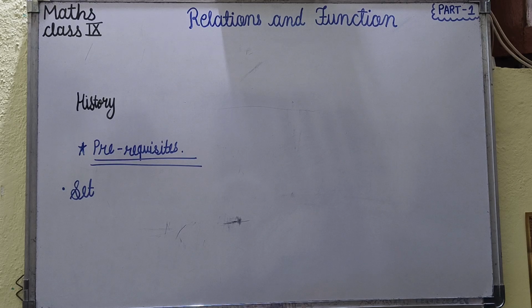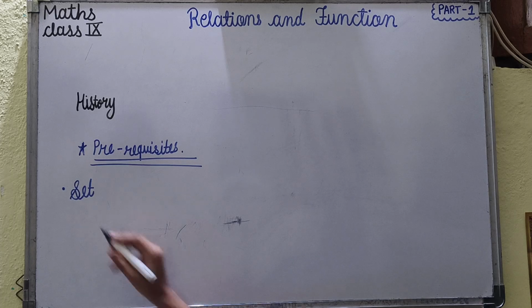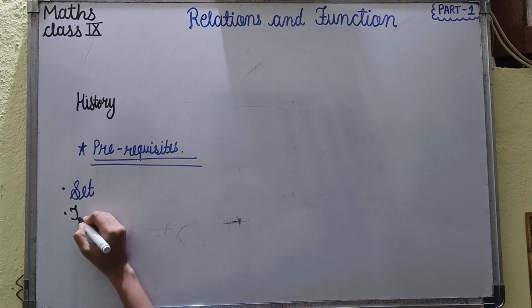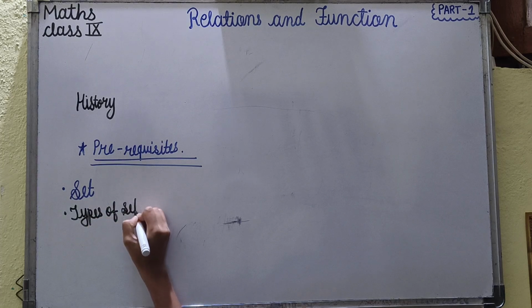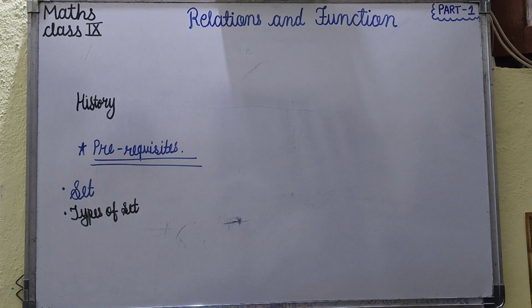Then types of sets. Finite set: a set containing a definite number of elements is known as a finite set.